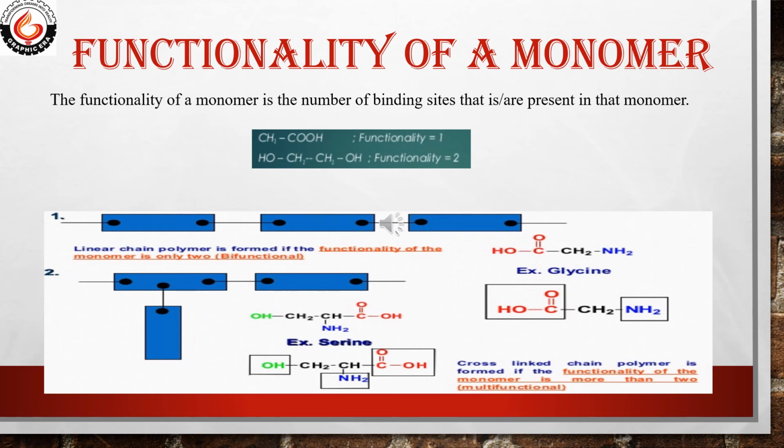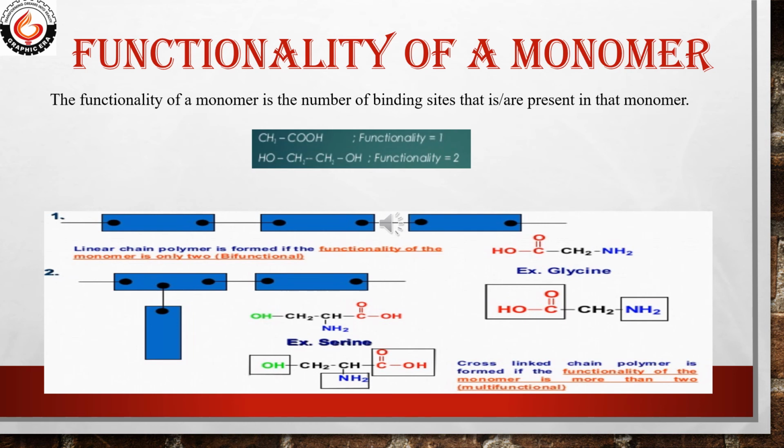Any monomer has a different number of functionalities. To form a polymer, the functionality should be at least 2 so that each monomer can bind on both sides. Here two more examples are given. Both are examples of amino acids.